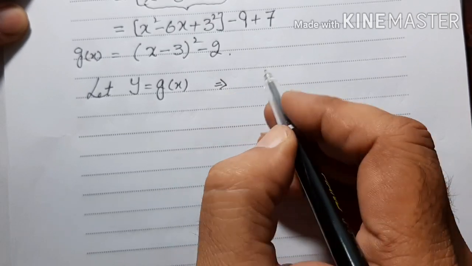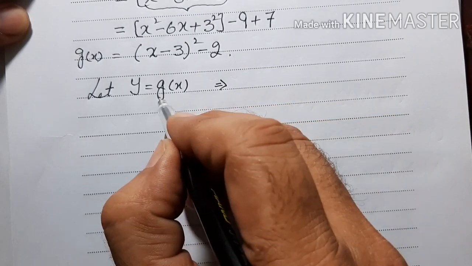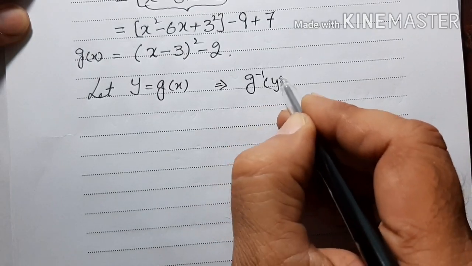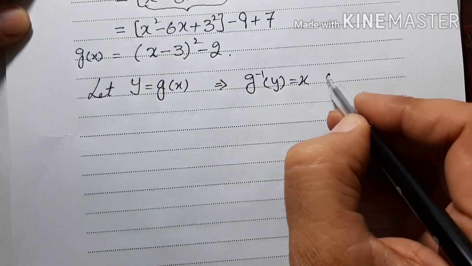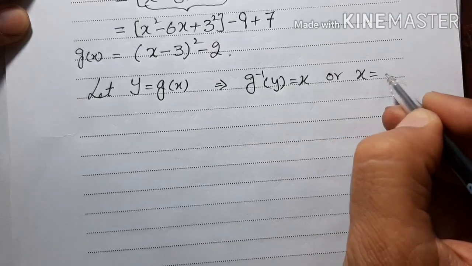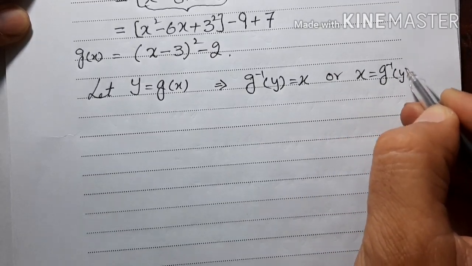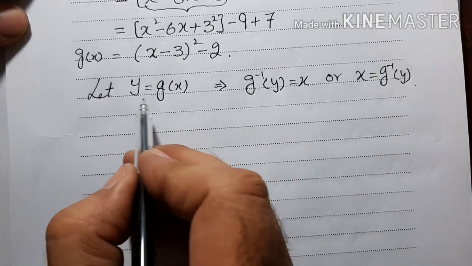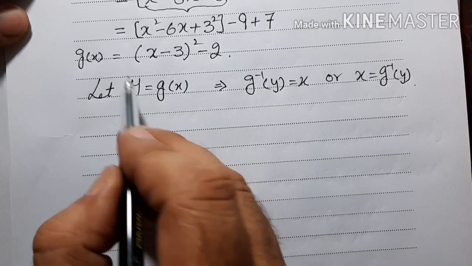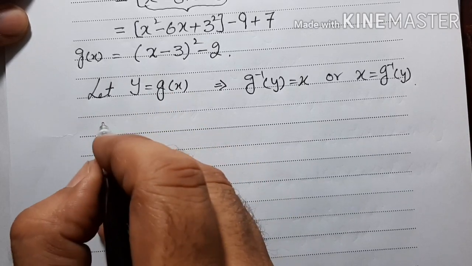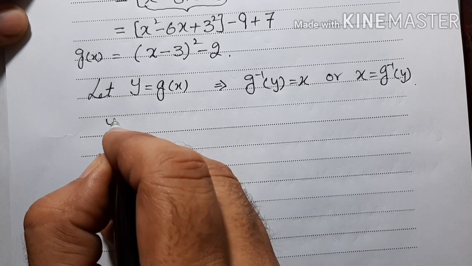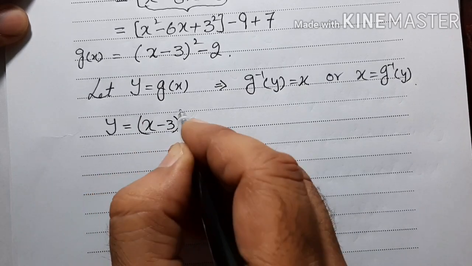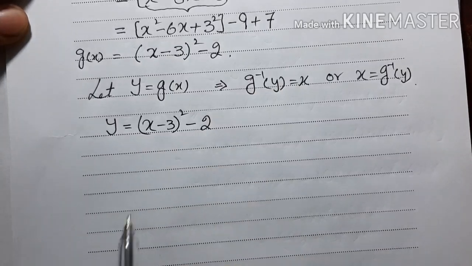Then if I take g on the left hand side, it will be g inverse y is equal to x, or I can write it as x is equal to g inverse y. I need this term later, so I have found it now. I'm going to put y instead of g(x) here. So this will be y is equal to (x − 3)² − 2.